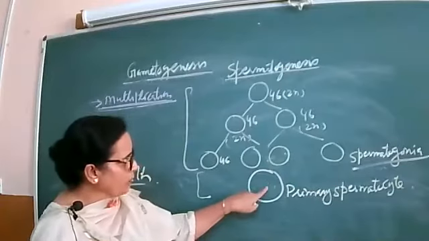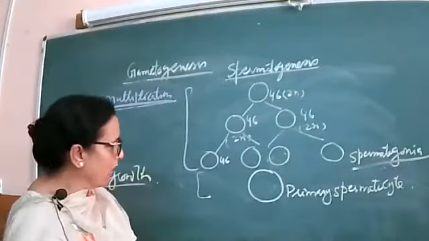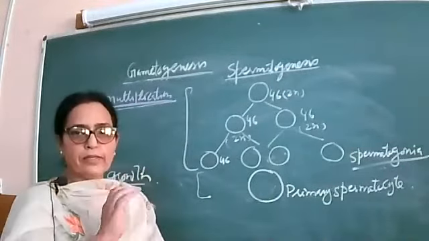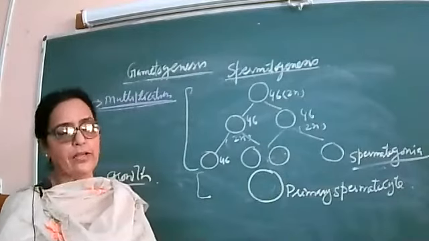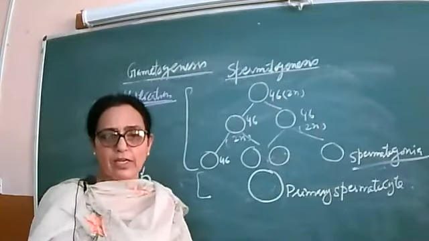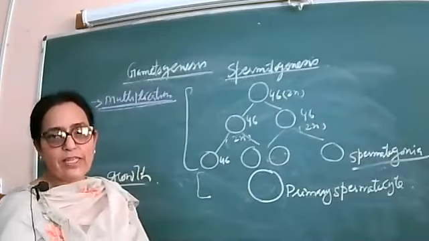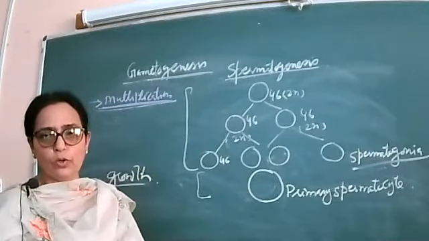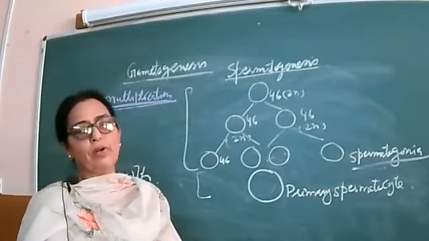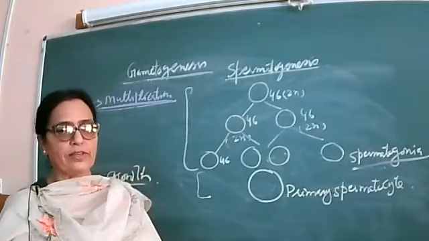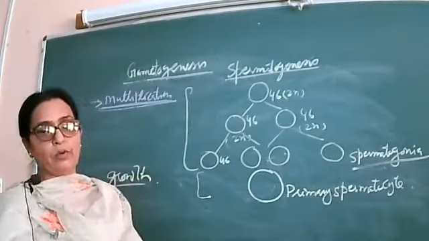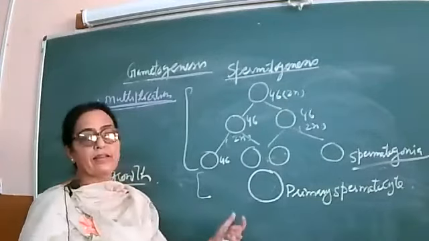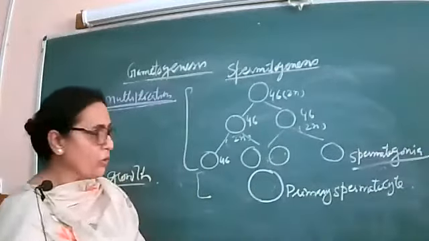Now, in the primary spermatocyte, meiosis will take place. You know that for the formation of the gametes, meiotic division takes place to reduce the number of chromosomes, so as to maintain the same number of chromosomes generation after generation. Gametes are always haploid, and that comes through the meiosis process.